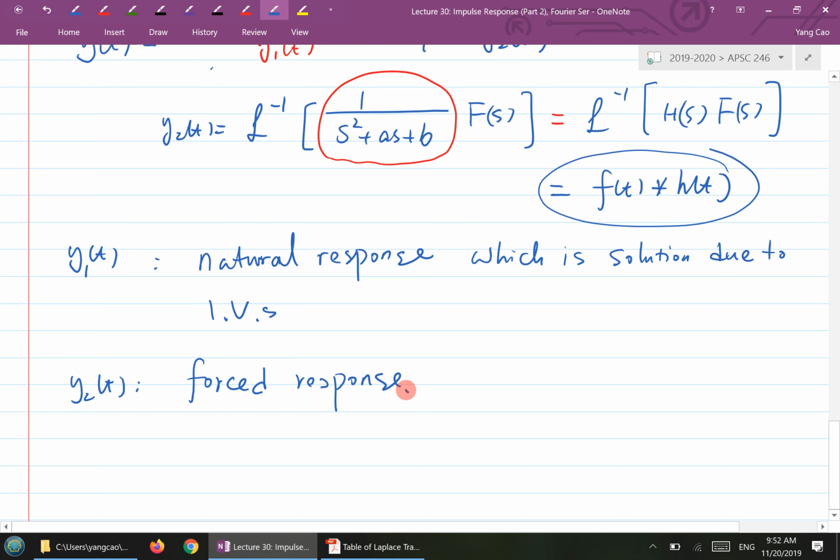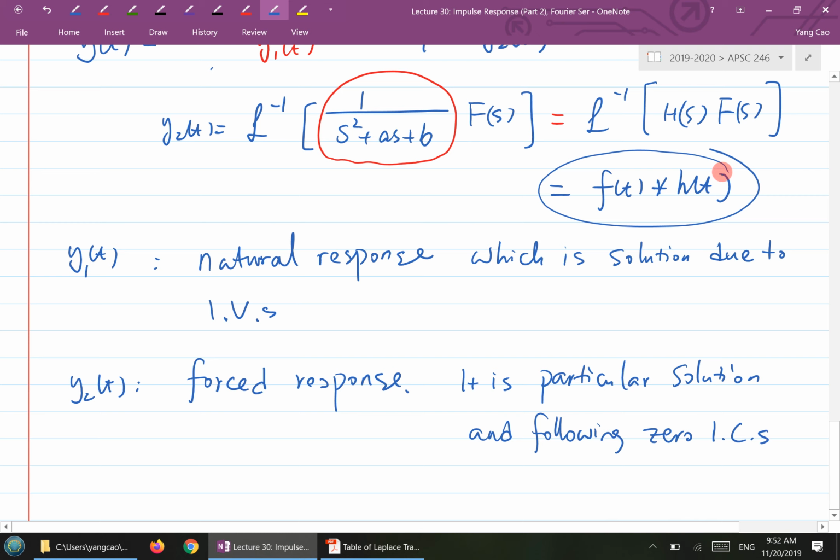Okay. So the forced response is this part. That's due to the input. And this is actually a particular solution because it is due to the f of t, right? It's due to this input here, following zero initial conditions.